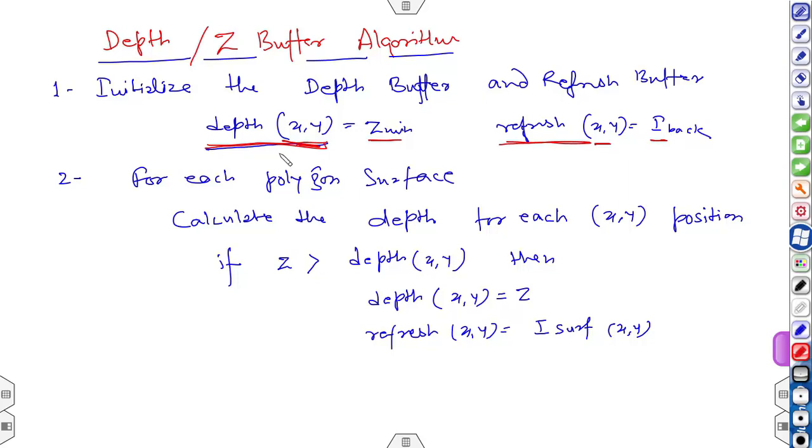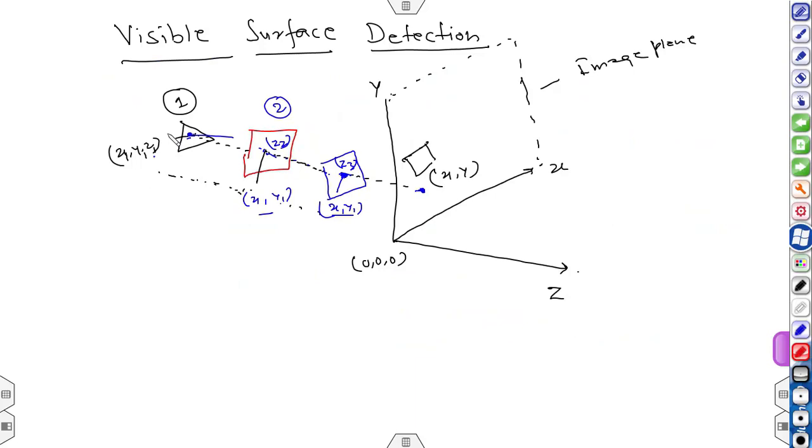Initially we assign the depth buffer the minimum z value. Since this is 0 0 0, if we move in the outward direction of the z-axis, the z value increases.